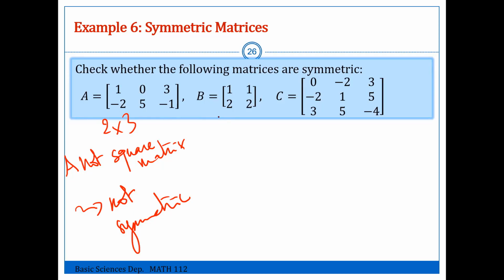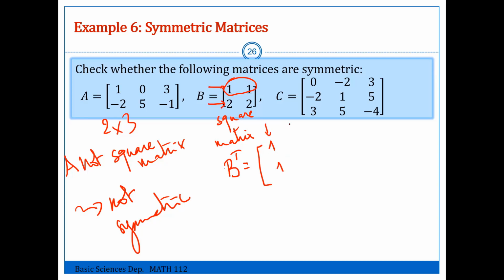B is a square matrix. It's okay. Is it symmetric? Abdurrahman says yes. Do you agree? I don't think so. Let's compute B transpose. So what will be B transpose? This is the first row, it will be the first column.